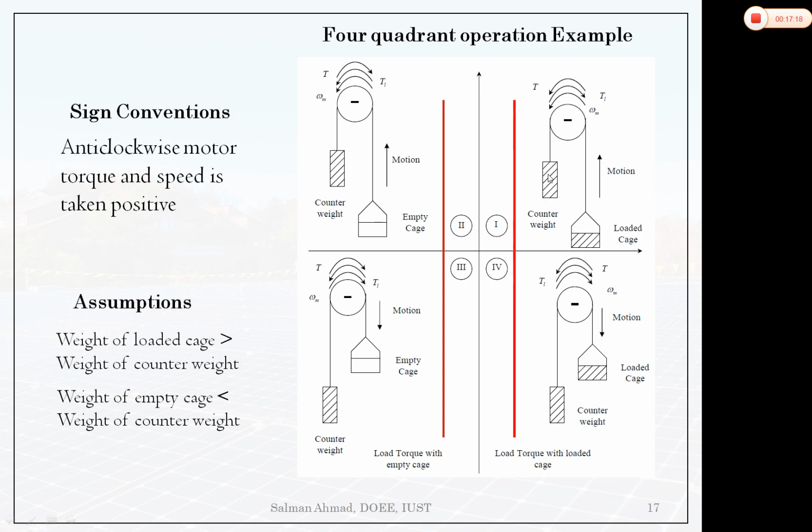Here the assumption is that the weight of the loaded cage is always greater than the counterweight, whereas the weight of the empty cage is always less than that of the counterweight. In this pulley we have one shaft that is coupled with an electric motor, and that motor drives this pulley.